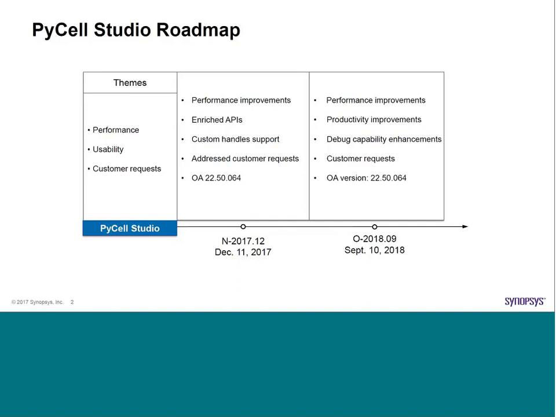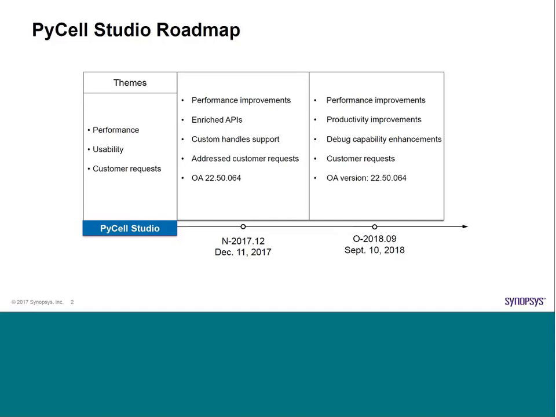Now, this year, in the September timeframe, we are coming with another major upgrade, which is the O 2018-09 release. The OpenAccess version remains the same between both releases, which is 22.50.64. But the enhancements will be more on the performance side and productivity improvements.